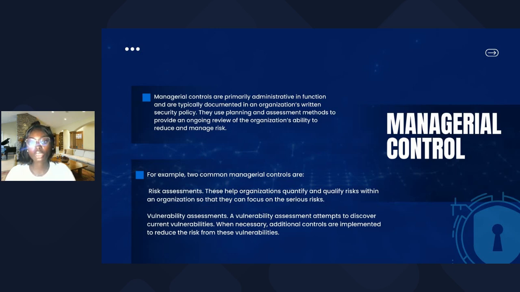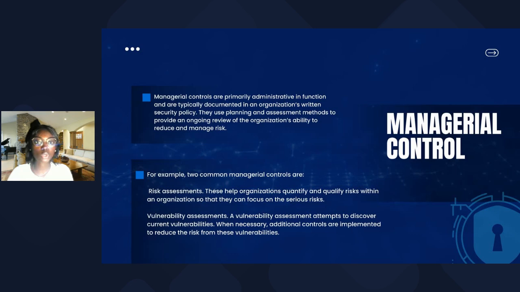You have the organization trying to categorize the risks within the organization to see whether they fall under the quantitative or the qualitative category, right?